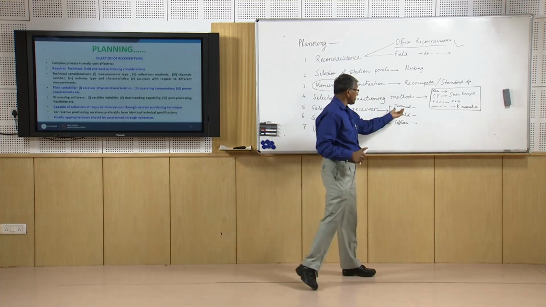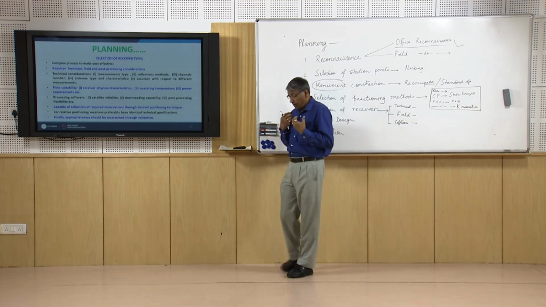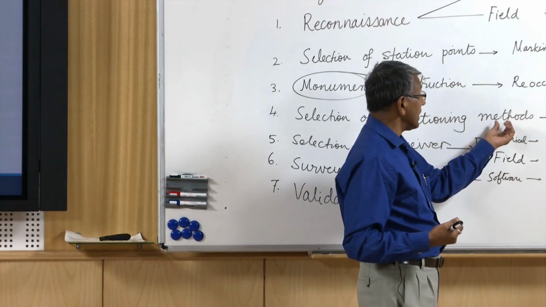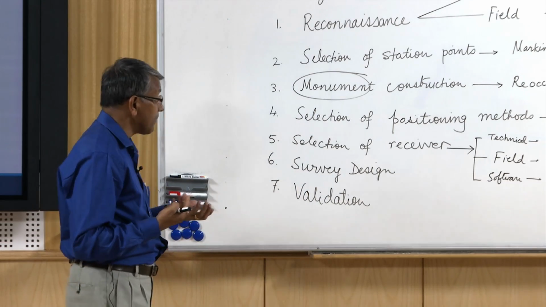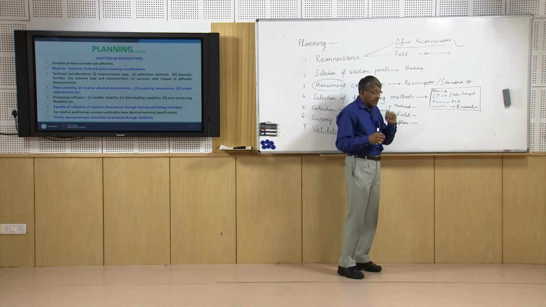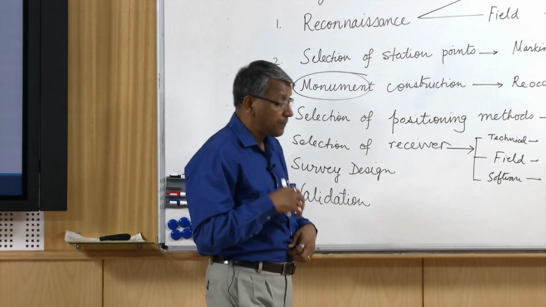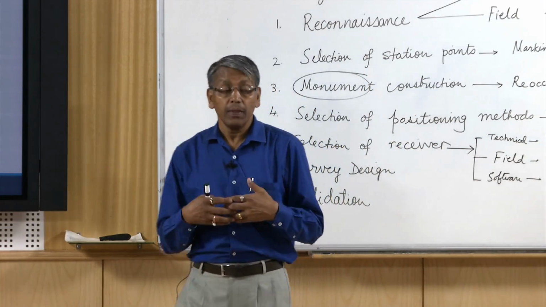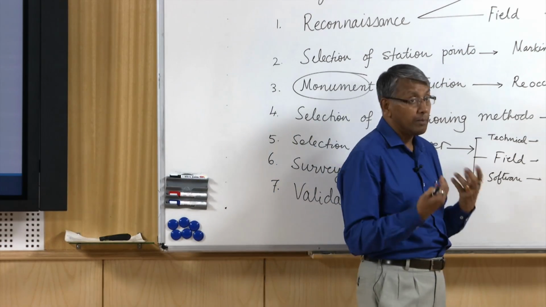Now, technical reasons, as I told you: what are the different observables we will make use of for achieving the objective, what degree of accuracy we need, what type of signals we would like to acquire, whether from GPS only or also GNSS, and how many channels of the receiver we will make use of.